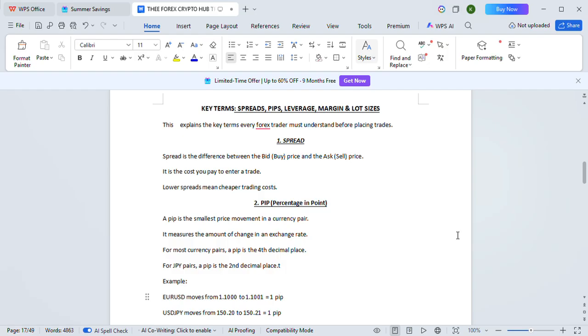Spreads is the difference between the bid or the buy price and the ask or the sell price. That is what we call a spread. When there is one it is a spread, but when there are many they are spreads. It is the cost you pay to enter a trade.